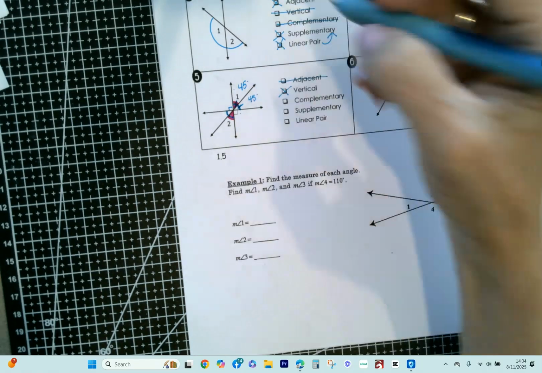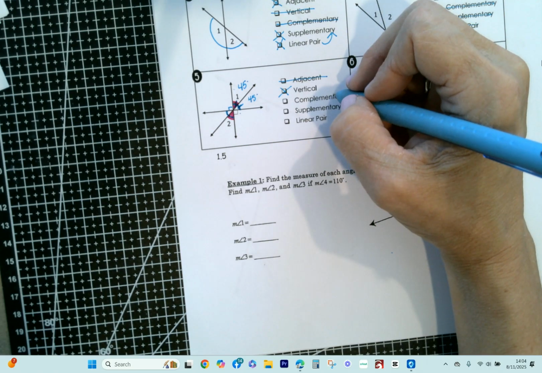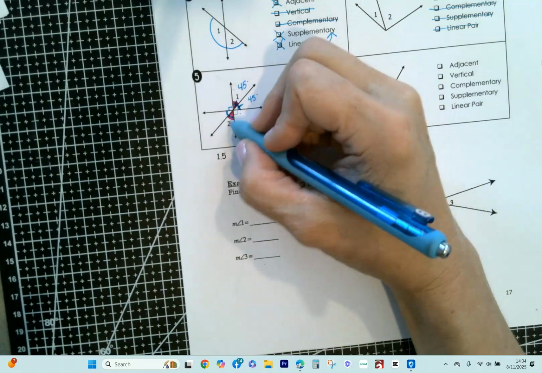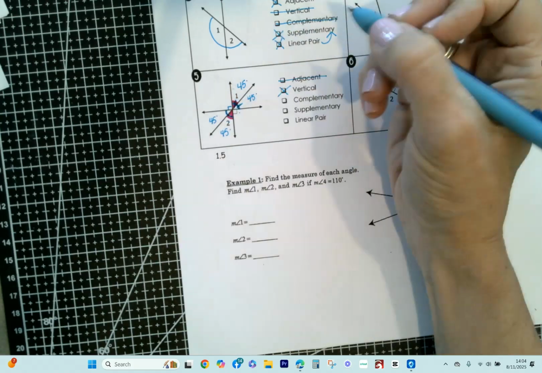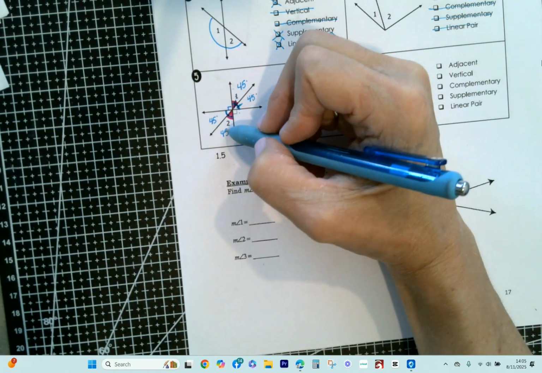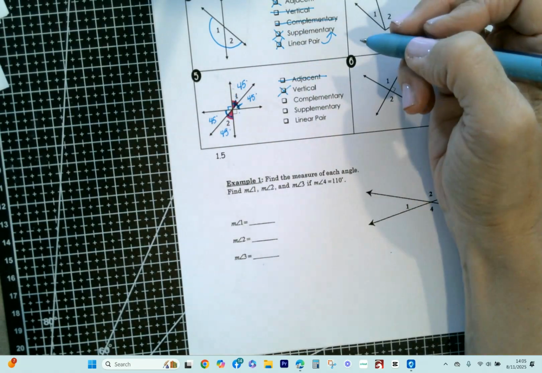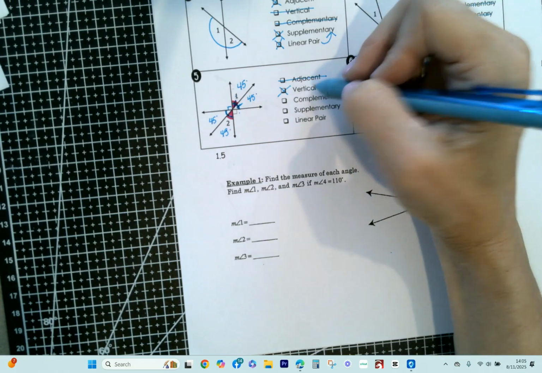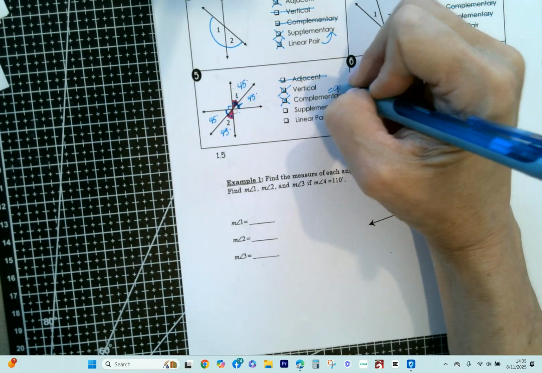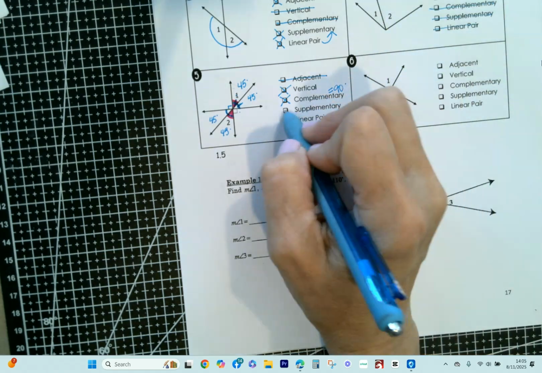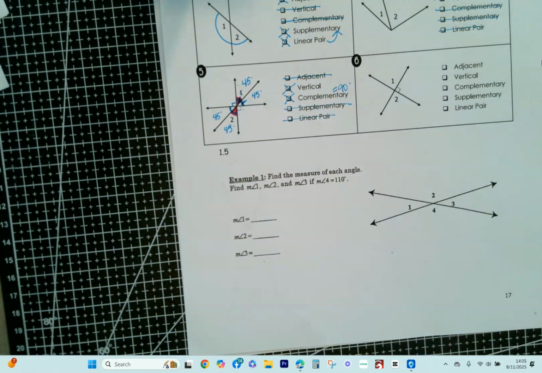If both of those are 45, then this is also 45 and this is also 45. So angle 1 and angle 2, not only are they congruent because they're vertical, they're also complementary. They equal 90 degrees. They don't add to 180 and they're not a linear pair.